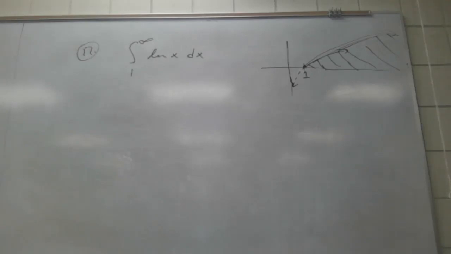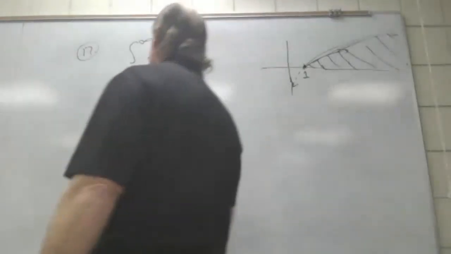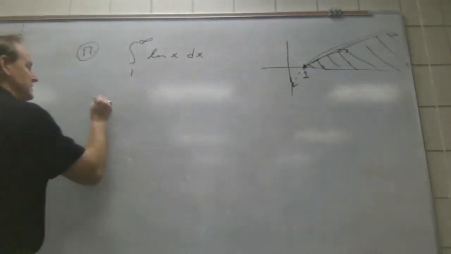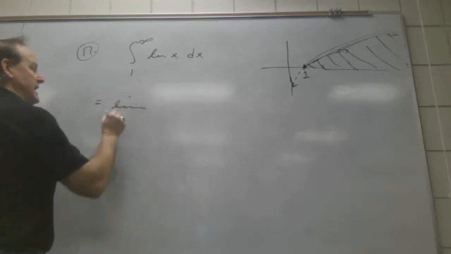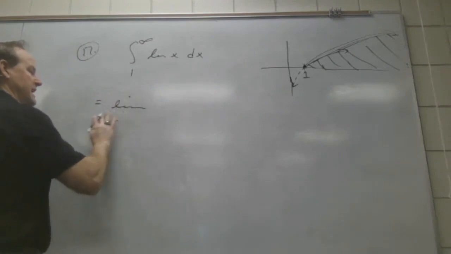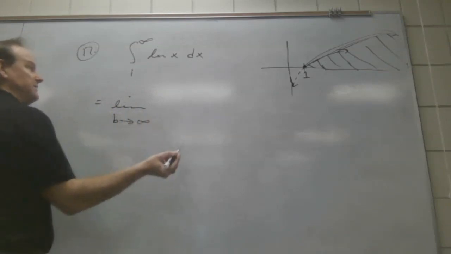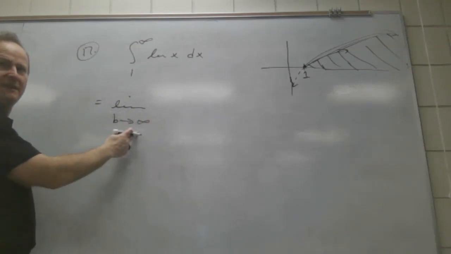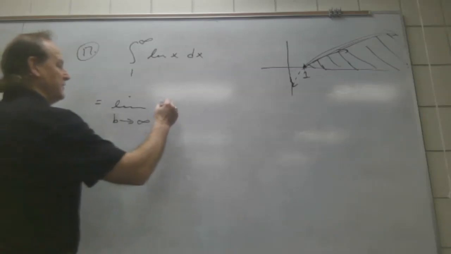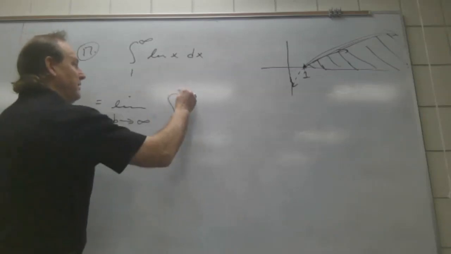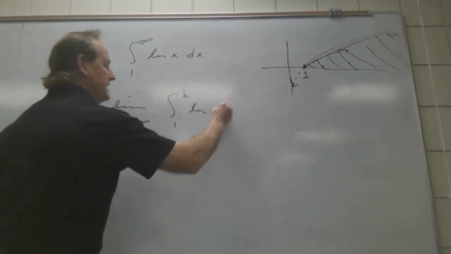The antiderivative is u natural log u minus u. Okay. So this is going to be equal to the limit as B goes to infinity. You don't need to write positive infinity, because if you just write infinity, it is positive. The definite integral from 1 to B of natural log x dx.